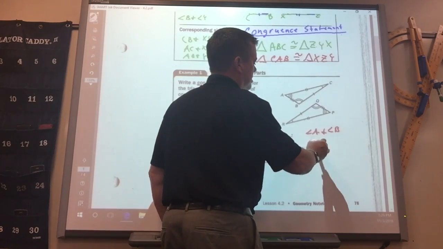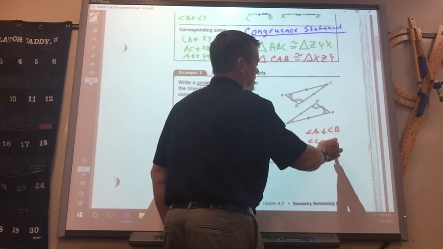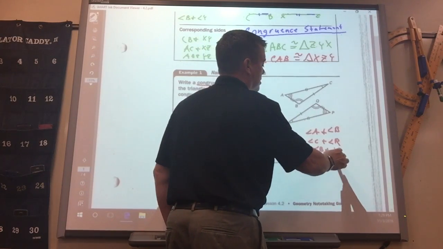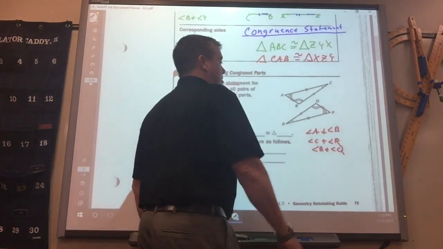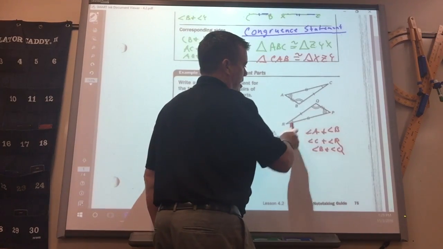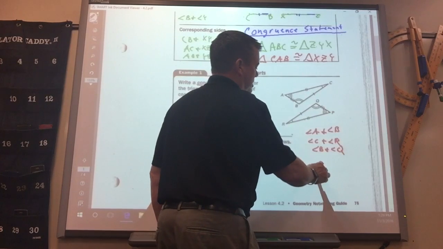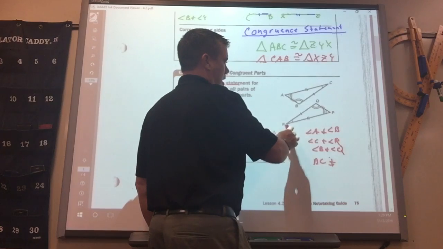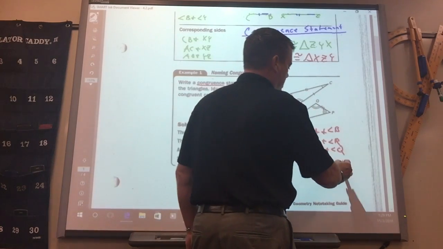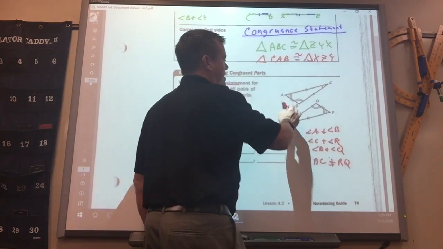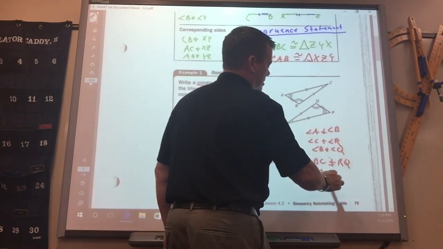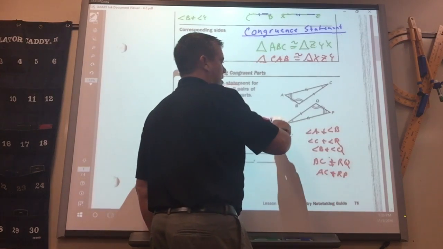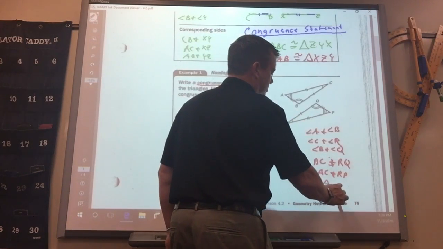Angle C and angle R, and then B and Q. Then the sides would be BC and RQ, both have 1 mark, so they're corresponding. AC and RP, and then AB and QP.